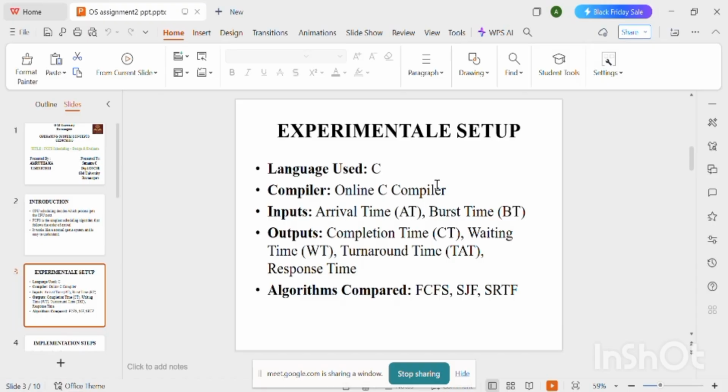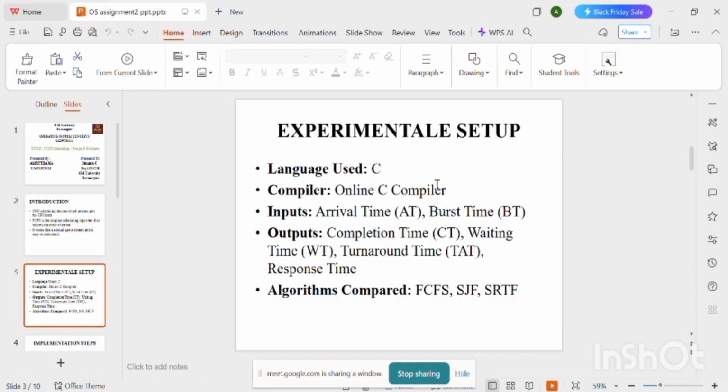Completion time is the time when a process finishes execution. Turnaround time is the total time from arrival to completion. Waiting time is the time a process spends waiting in the ready queue. Response time is the time from arrival until the first CPU allocation.